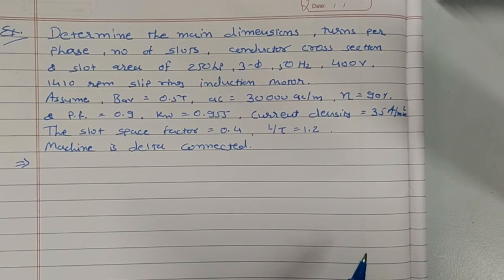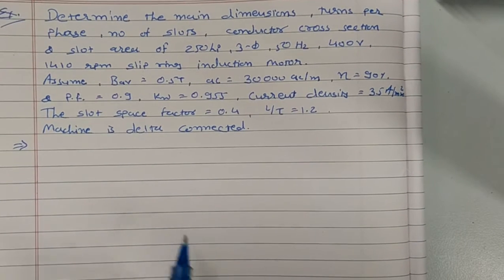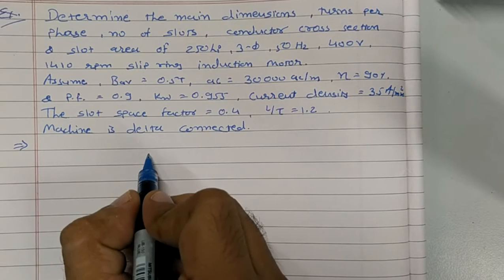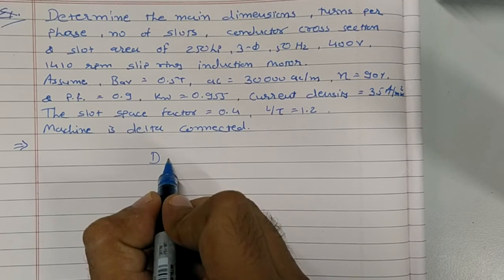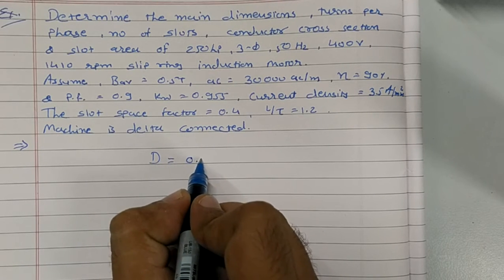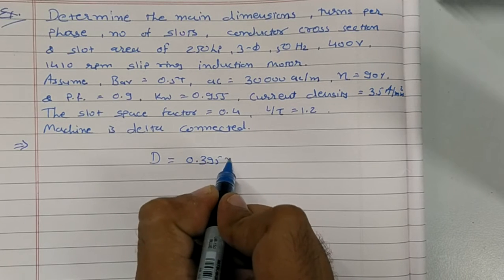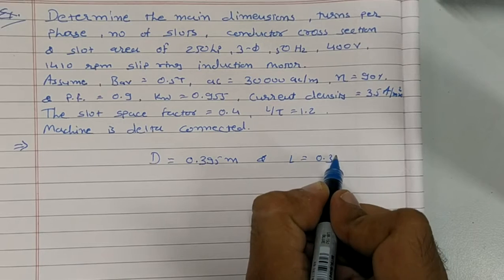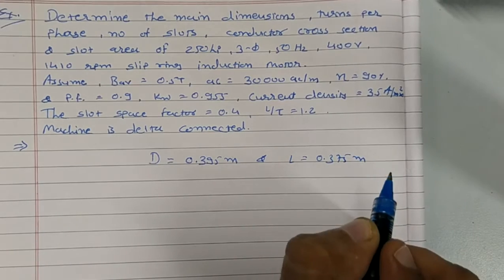I have already calculated this example, and you can work out the answers for D and L yourself. My answers are capital D is 0.395 meter and capital L is 0.375 meter.